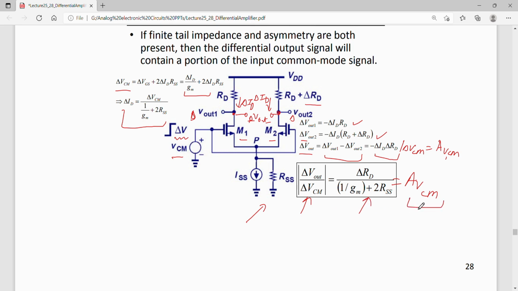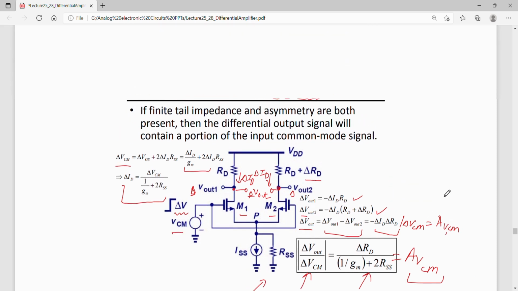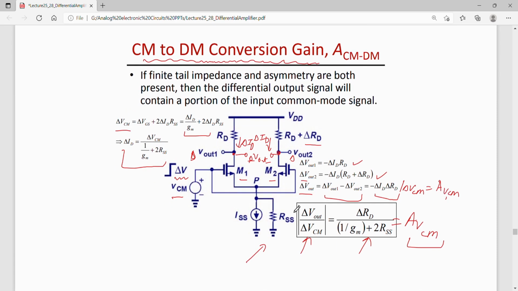Now again, similar to the BJT counterpart, here also we notice that this common mode gain is not zero. It is finite. It is finite because of this non-ideal current source, or because of this finite impedance associated with the tail current source.